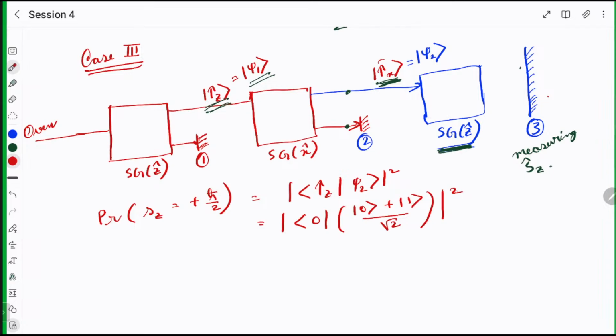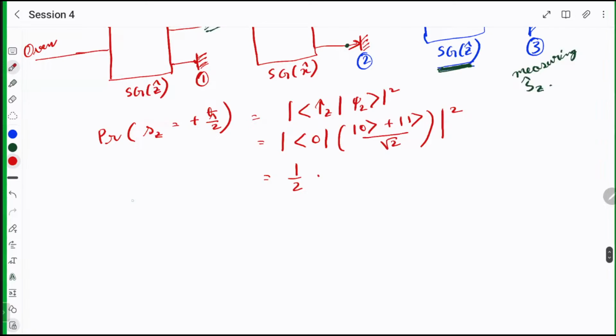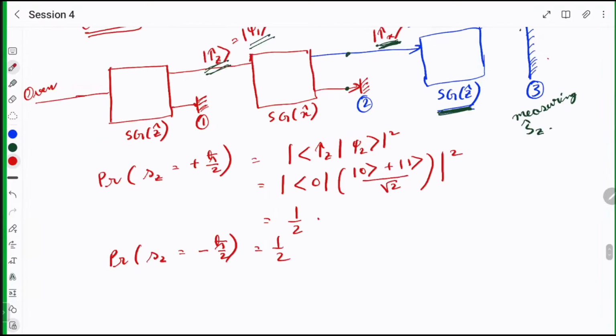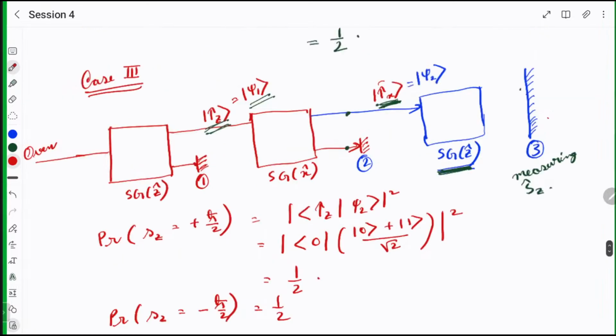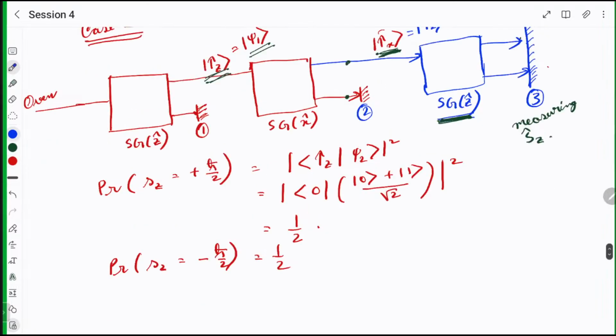And similarly, you can see that the probability of Z minus h cross by 2 will be half. So yes, you will find both when you measure, up z and down z.